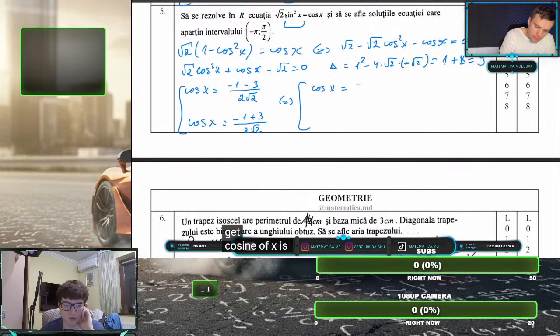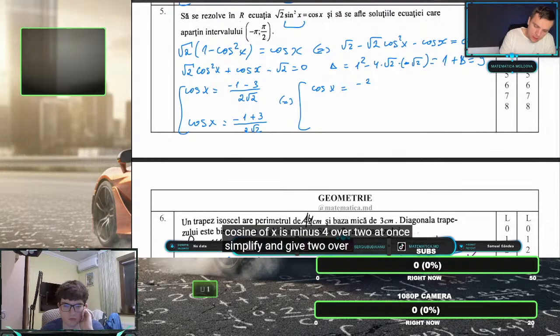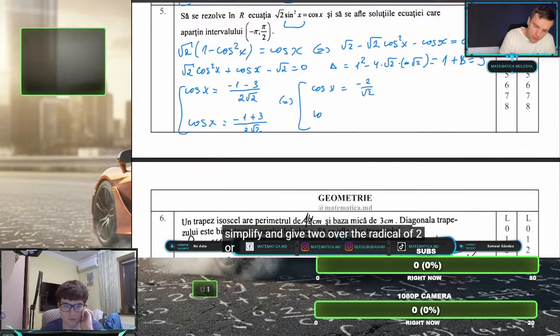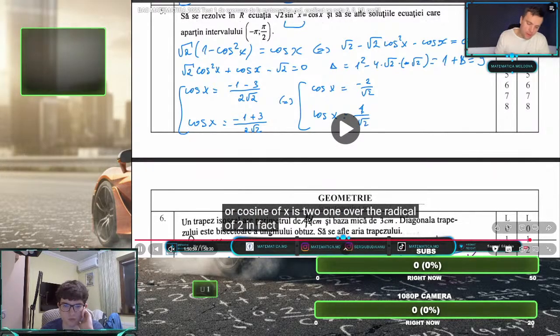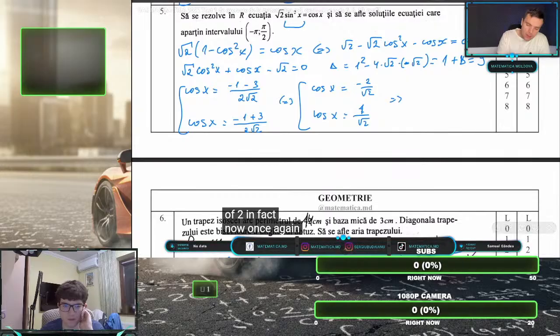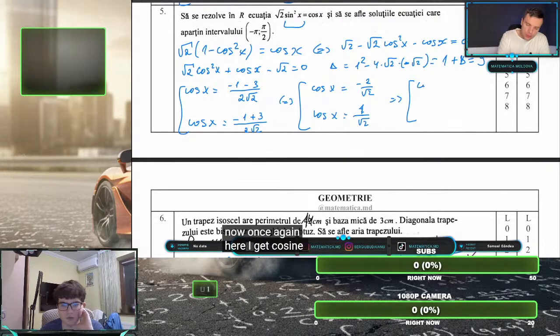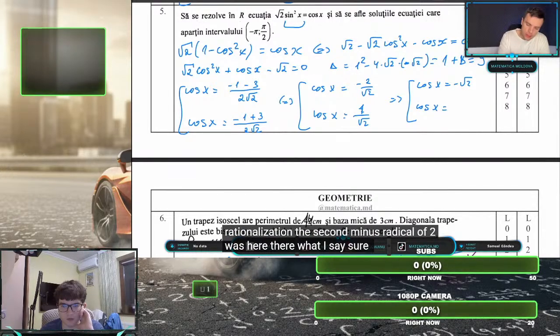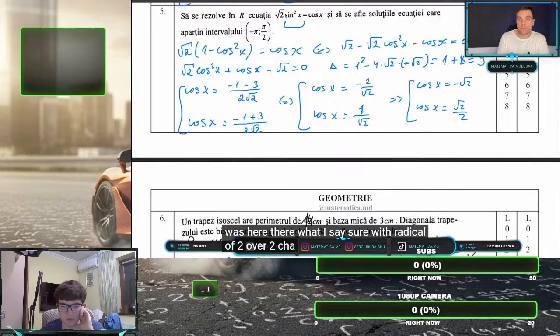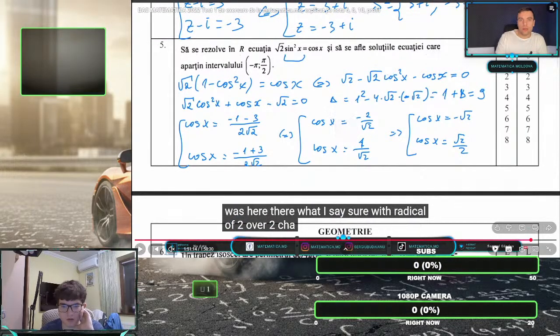Okay, so there we got that. And there, it's gonna be just 1 divided by square root of 2. That's exactly that. So you got this flipped, and so you got that.